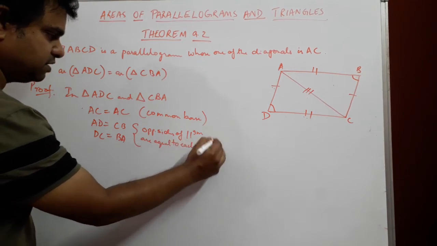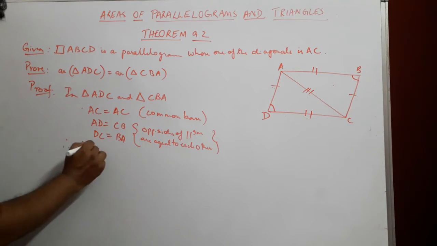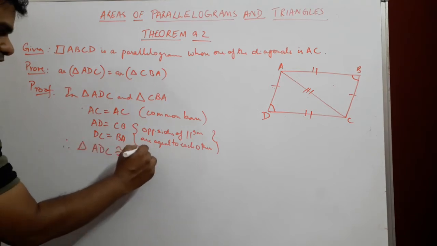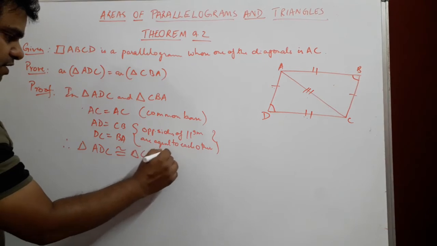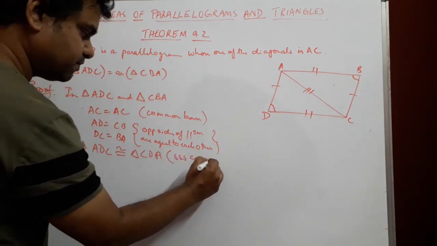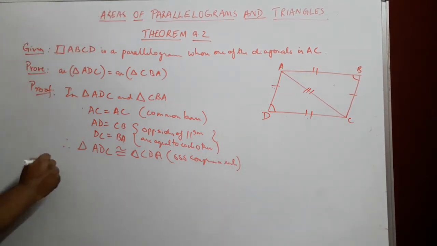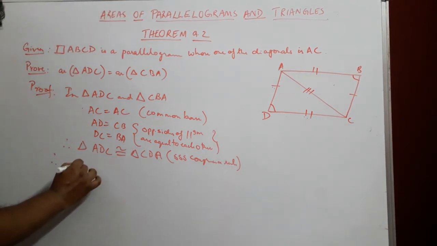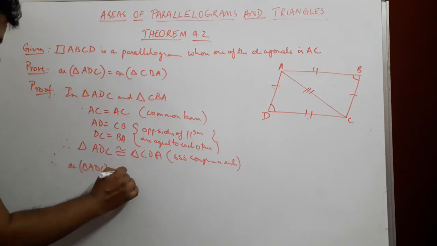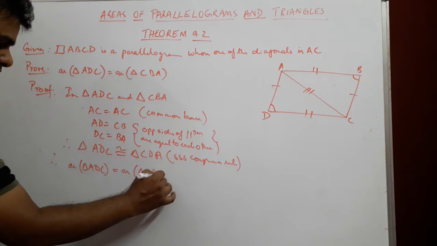This is the reason, and therefore we can say triangle ADC is congruent to triangle CBA by the SSS congruence rule. And therefore the area of triangle ADC is equal to the area of triangle CBA.